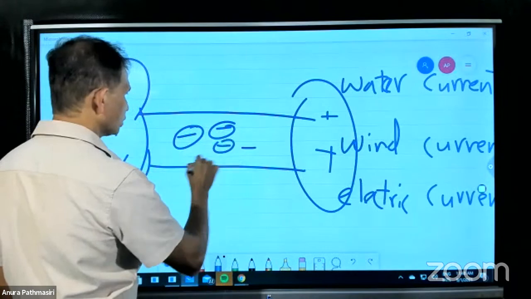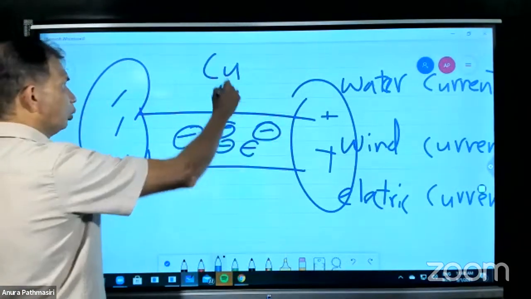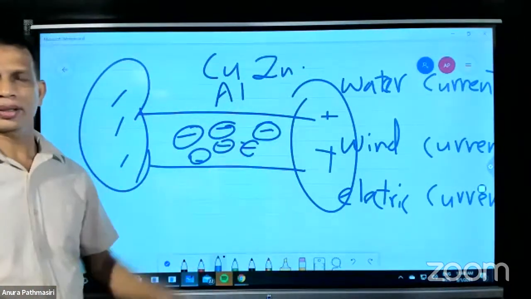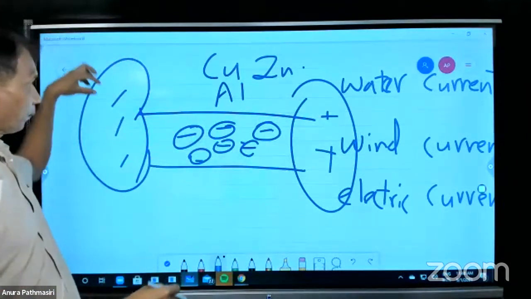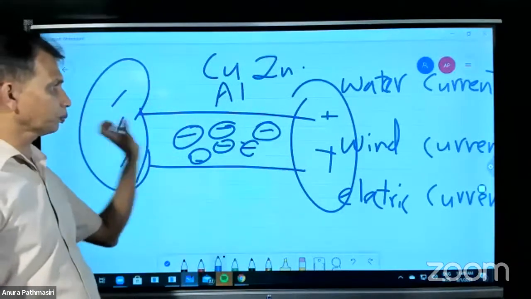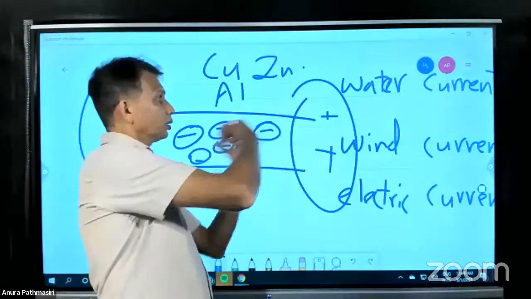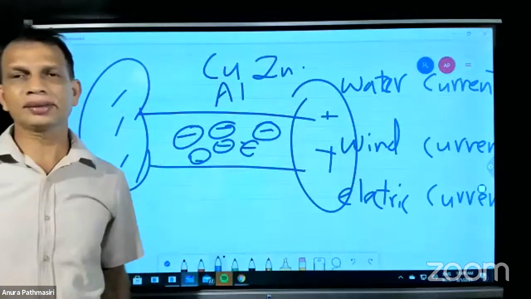Copper, aluminium and zinc have free electrons within the body itself. The pressure exerted by the negative charges pushes them towards the positive charge, whereas the positive charges pull them towards itself, and that makes the electric current.